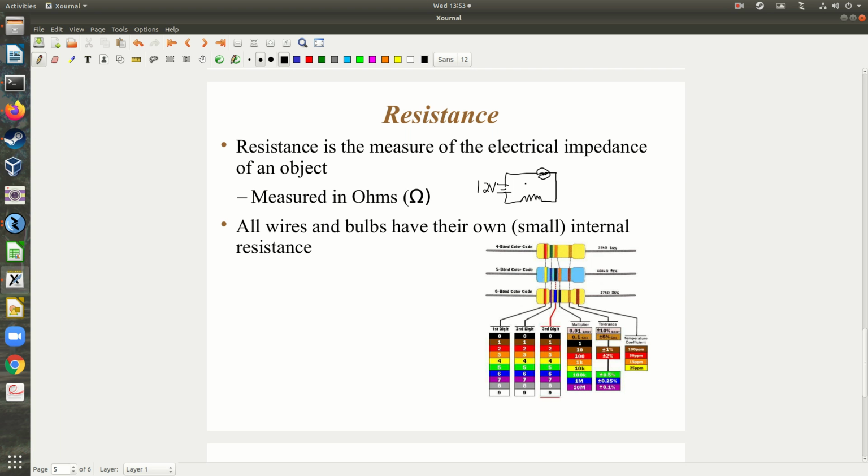You might be thinking to yourself, well, it's a static resistor, it's not going to change. That's true. But they do have variable resistors out there that will change the resistance based off of a switch or some type of dial. Like your radio or your volume control. That's basically a variable resistor.